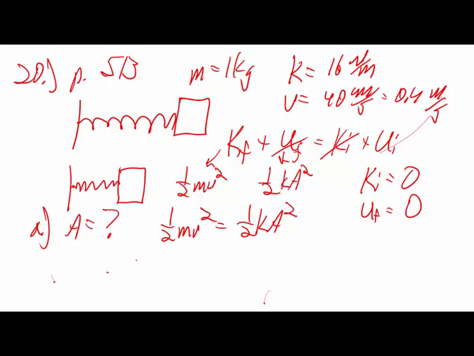And we want to find a, don't we? The good thing about this is the 1/2s cancel out. If you multiply both sides by 2, those cancel out. We want to solve for a, so we divide both sides by k, and we have mv squared over k.